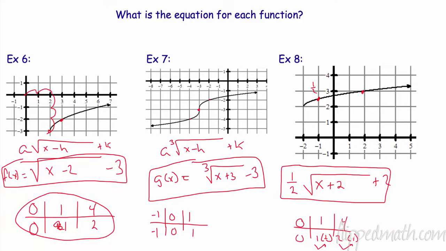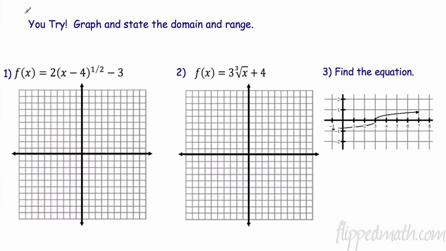All right? So what I want you to do right now is pause the video and try these on your own. Great. So let's take a look. We know this is a square root one, all right? So that means I'm going to start at 4 over 1, 2, 3, 4, minus 3. 1, 2, 3 right there.